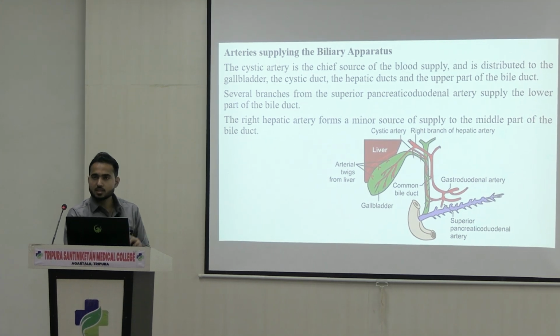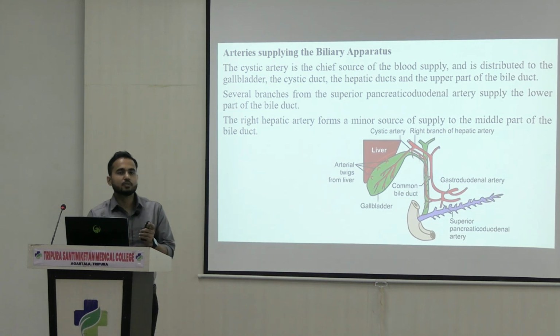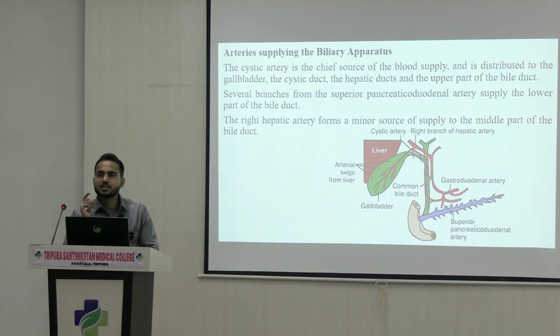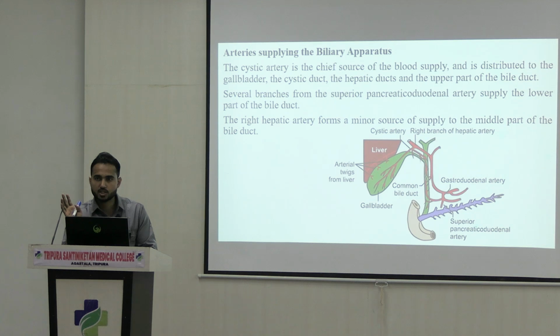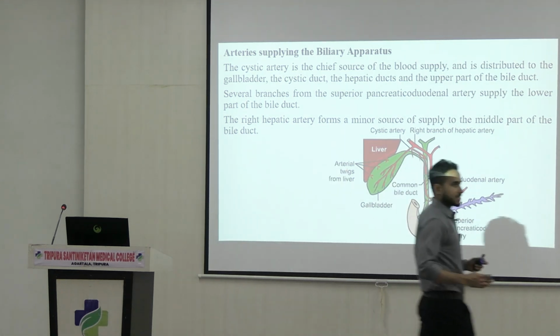Next, several other branches are also there. You have to understand one thing: whenever a tubular structure is there, one source of blood supply is not sufficient. Whenever it is tubular, it is extending.